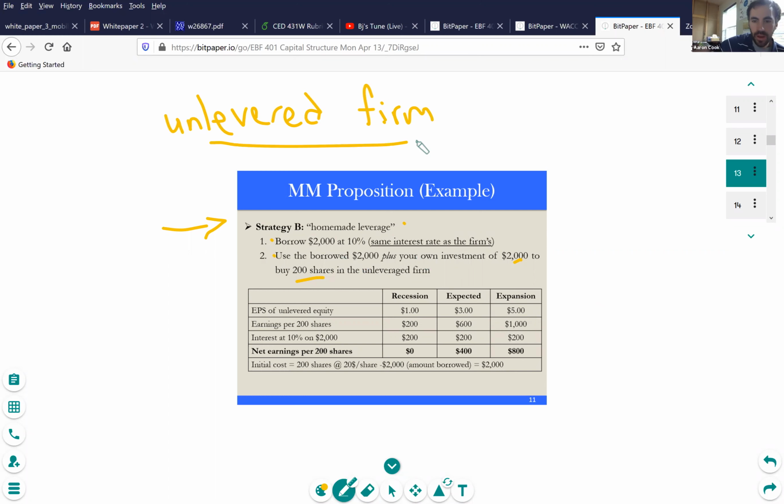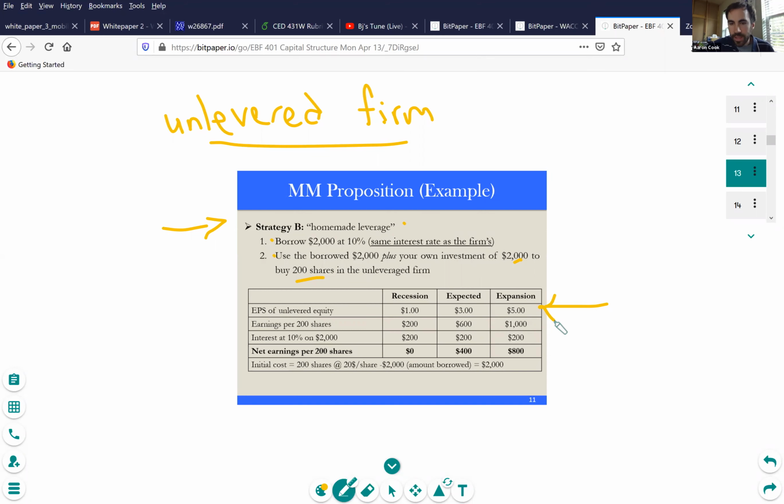So the payoffs, we're back to those more narrow band of payoffs in terms of earnings per share. We're back in a world where there's a narrower band of payoffs. So these are the different earnings per share values that this investor is going to face under different states of the world.